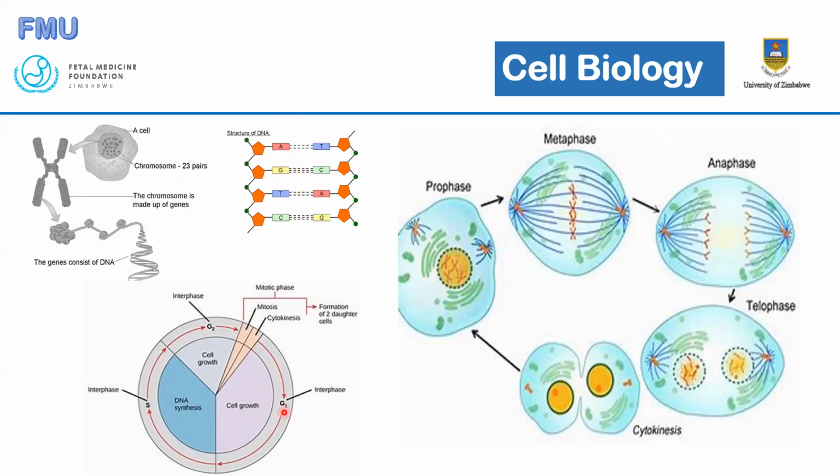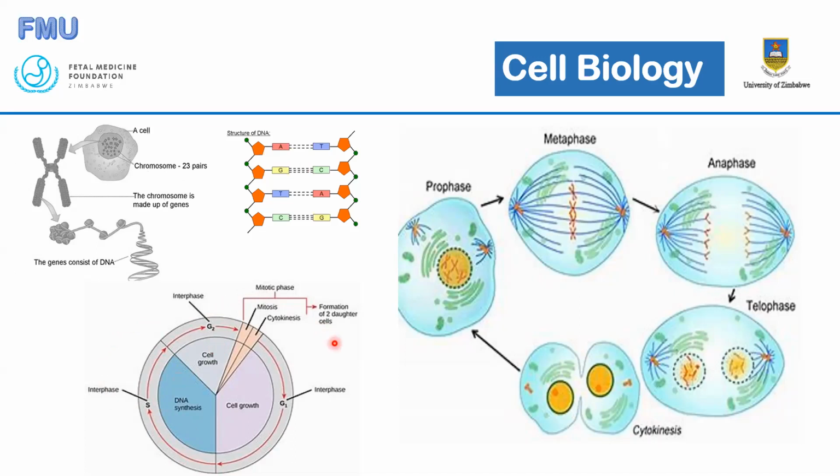Cells on their own, normally most cells are in what you call the G0 phase or resting phase. Then some cells will be in the G1 phase where they are just growing within themselves. Then cells may go into DNA synthesis, also followed by cell growth. But there are cells that are always in a state of replication.